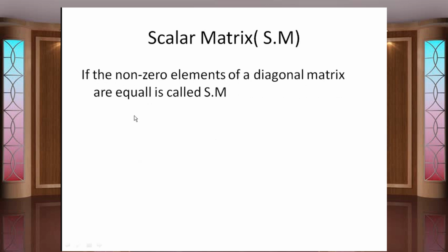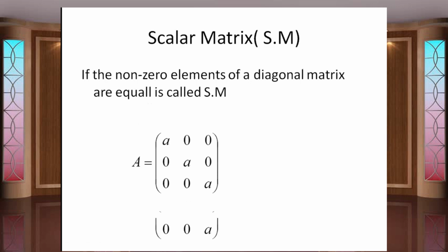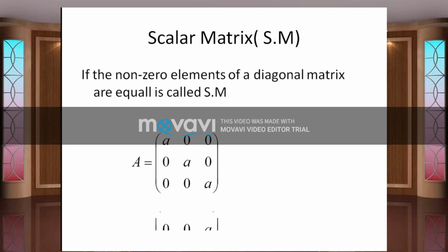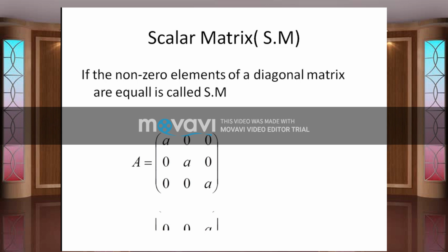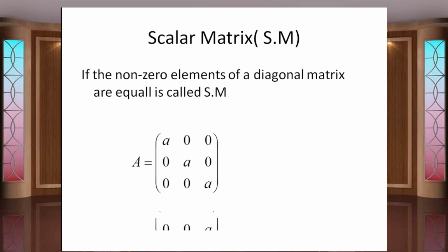Okay, so now the scalar matrix, very interesting thing. For a scalar matrix, the elements of the main diagonal or principal diagonal will be the same, like 2 2 2, or 3 3 3, and all other elements will be 0. That's why the definition is given like that: if the non-zero elements of a diagonal matrix are equal, it's called a scalar matrix. Understand? So a will be different things: 2 2, 3 3, 5 5, 1 1.